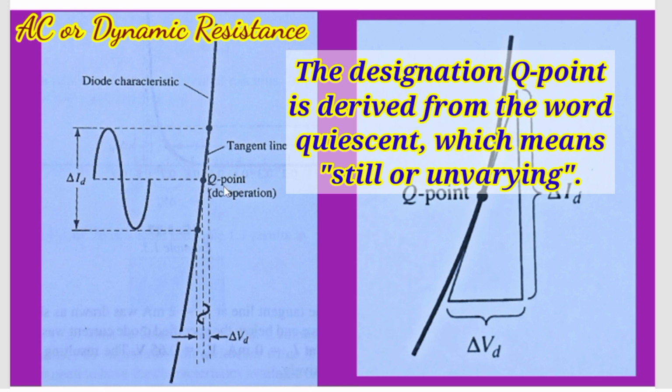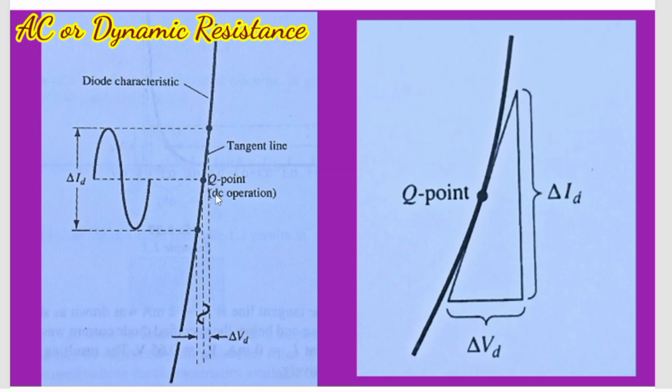The designation Q point is derived from the word quiescent, which means still or unvarying. A straight line drawn tangent to the curve through the Q point is shown here. This is the tangent, which will define a particular change in voltage and current that can be used to determine the AC or dynamic resistance for this region of the diode characteristics.